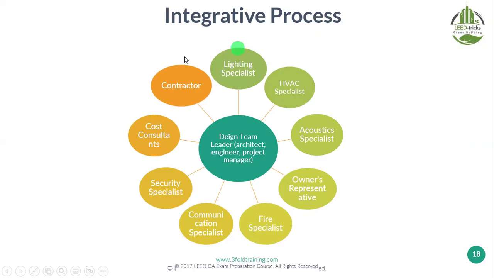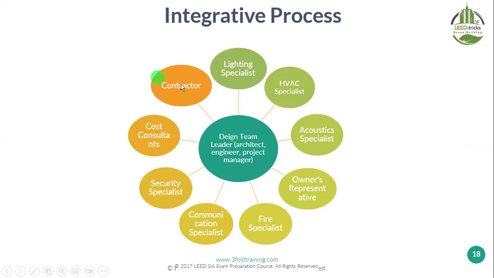All this is based on my initial design, which I send to them and get feedback. There is no linear flow here. It will not come back like what we see in the linear, traditional, or conventional process. No, in the integrative process, the lighting specialist will put in his lighting design and advise some modification to the architecture design.